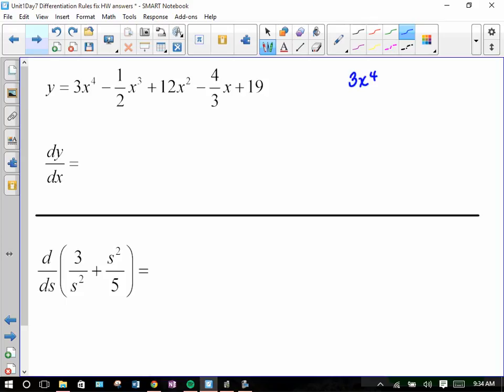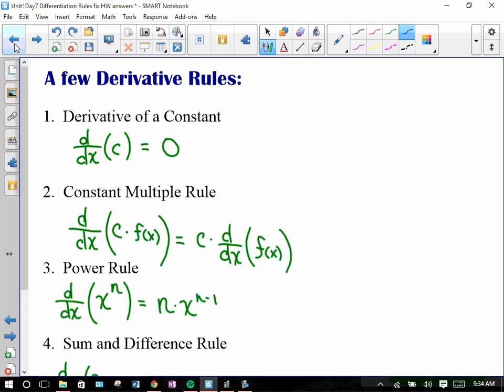We want to take the derivative of that. So, the derivative of 3x to the fourth is equal to 3 times the derivative of x to the fourth. What allows us to do that is the constant multiplier.